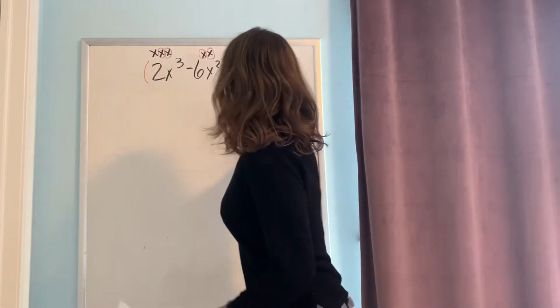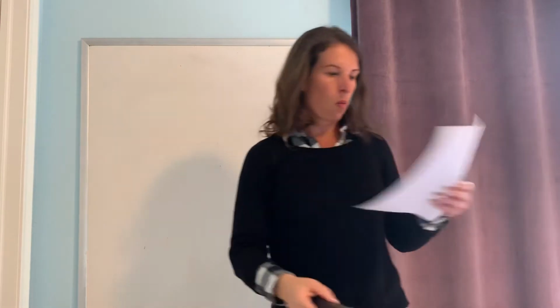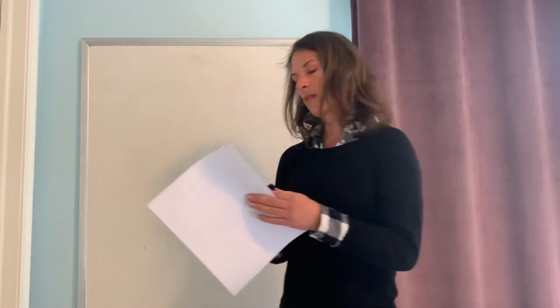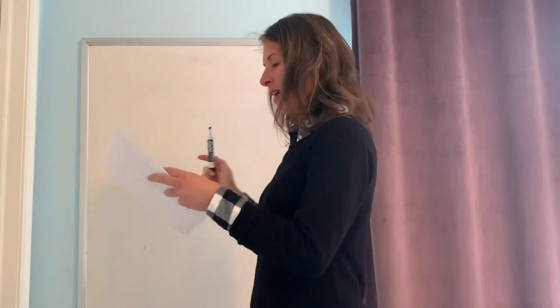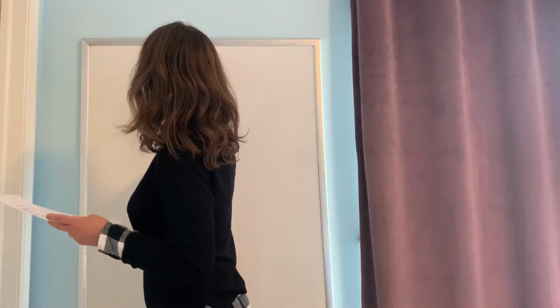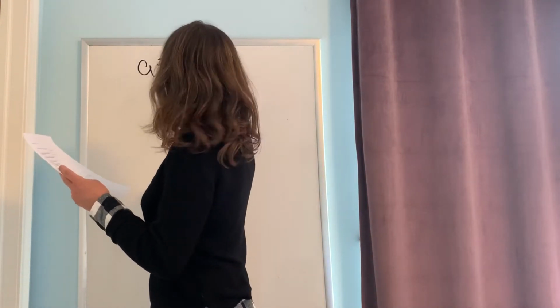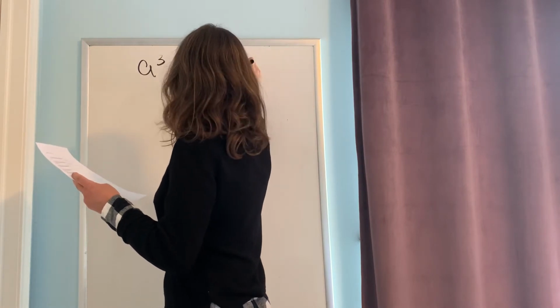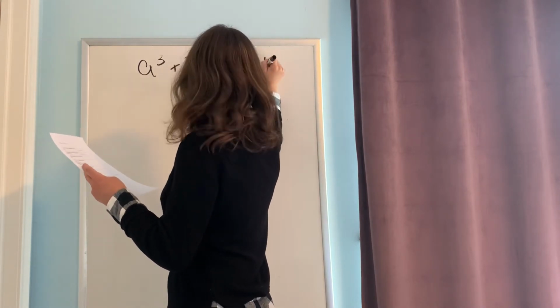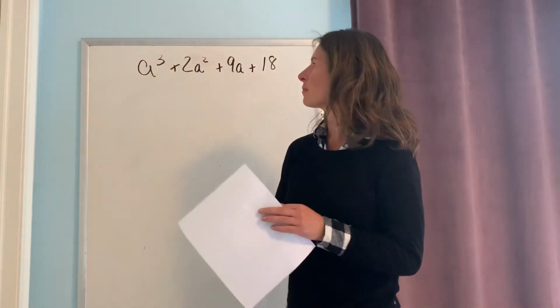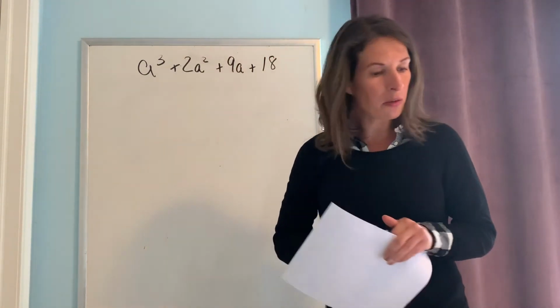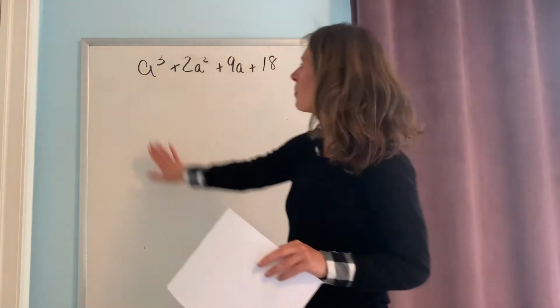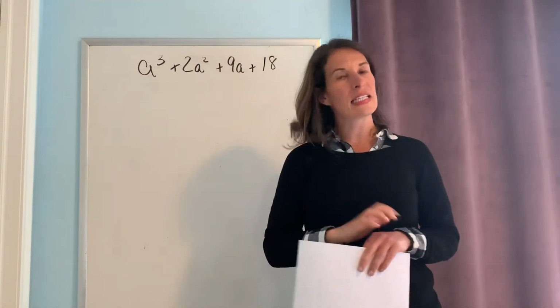So let's look at extra practice problem number 1, where I have a cubed plus 2a squared plus 9a plus 18. So first thing we do, greatest common factor. Is there a number that goes into 1, 2, 9, and 18?